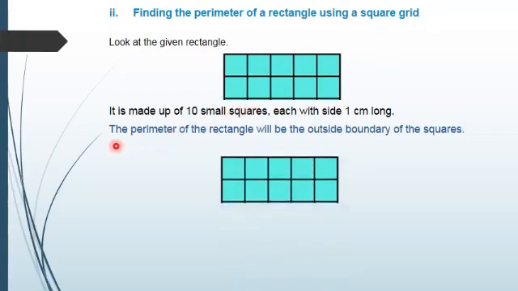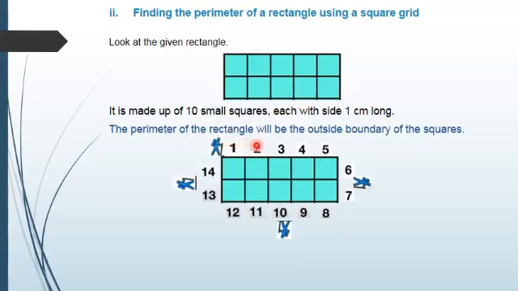Now, in order to find out the perimeter of this rectangle, we will walk around the outside boundary as 1, 2, 3, 4, 5, 6, 7, 8, 9, 10, 11, 12, 13, 14 spaces. So it took us 14 spaces to walk around the outside of this shape. So the perimeter of the given rectangle will be 14 centimeter.